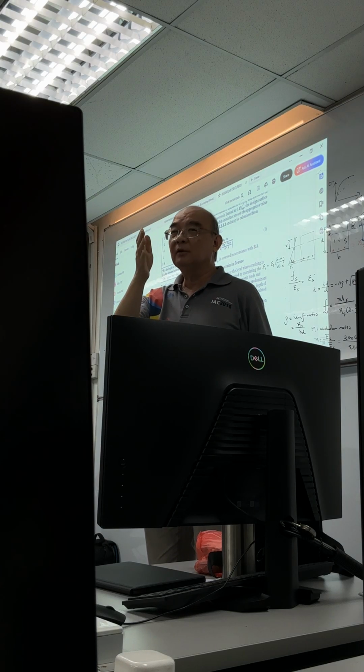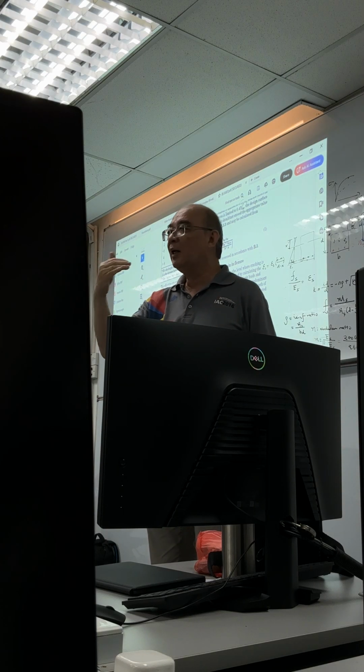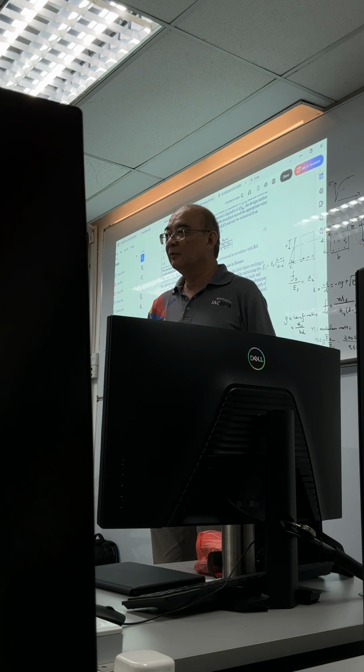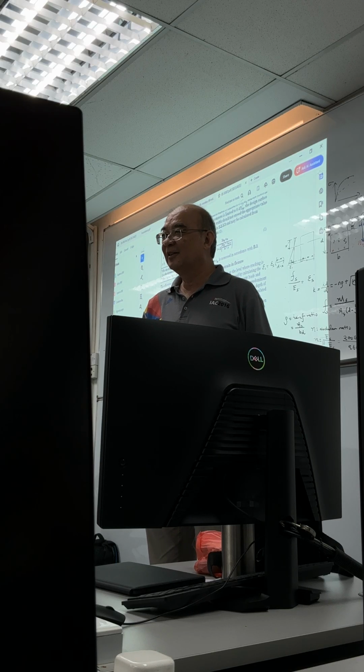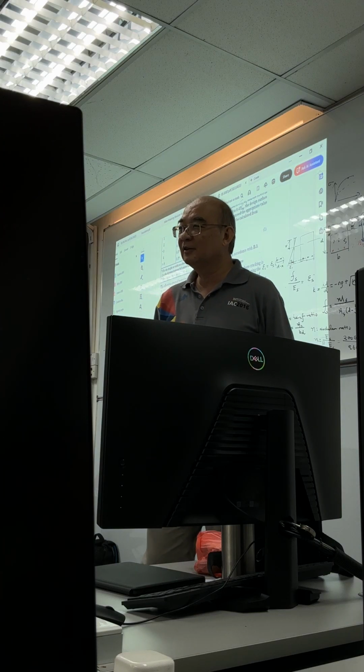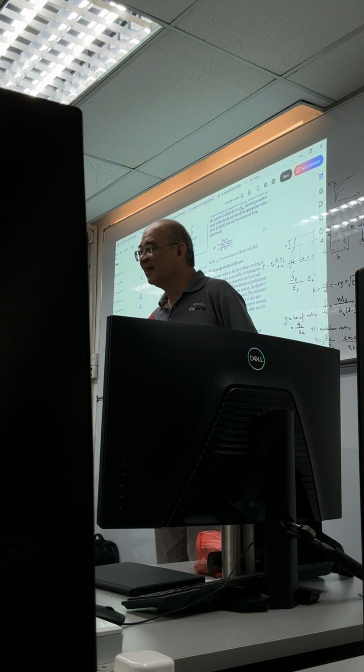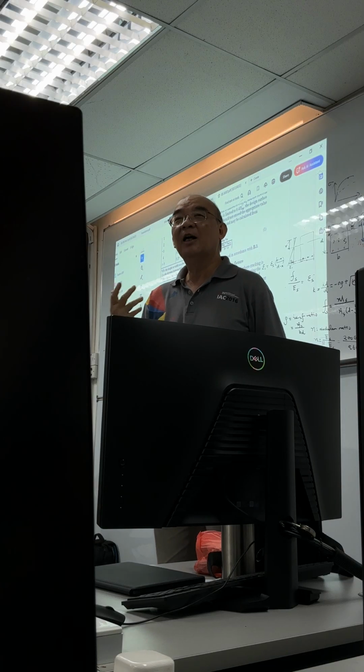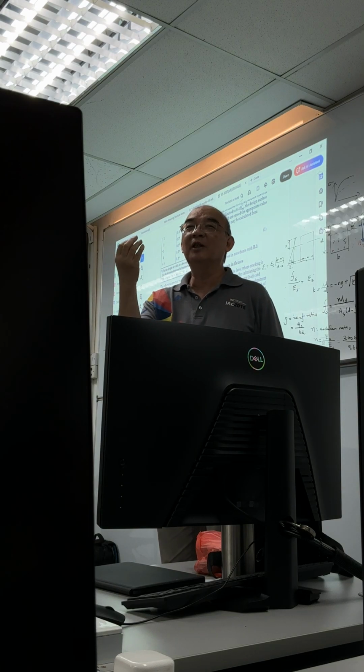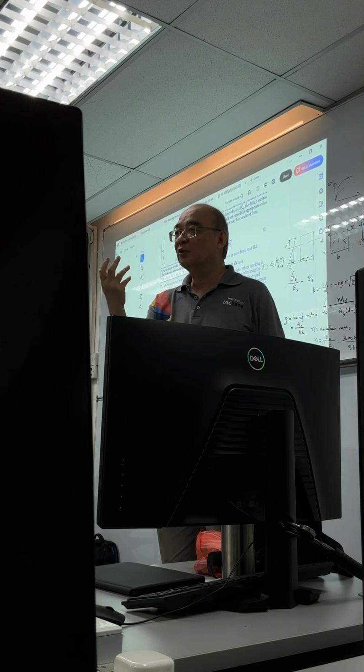Now, if you were the lecturer, which part would you give more marks to? Part A or part B? A. Okay. Reason? Because if my A is wrong, my B also wrong, so I help the student. We need to make it easy for the student. Yeah, to make your life easy, I should give more marks to A, isn't it?